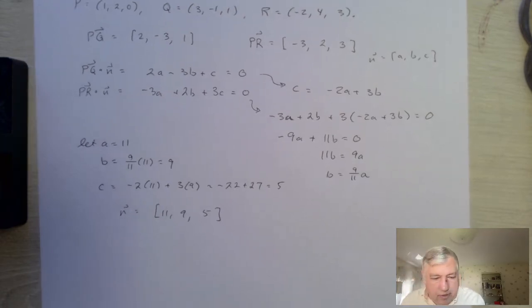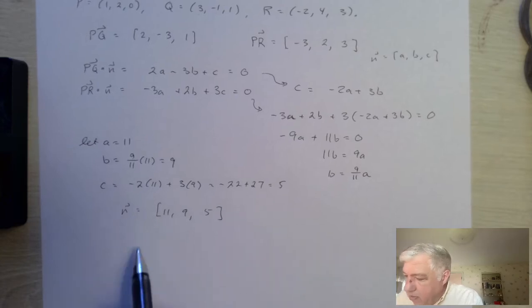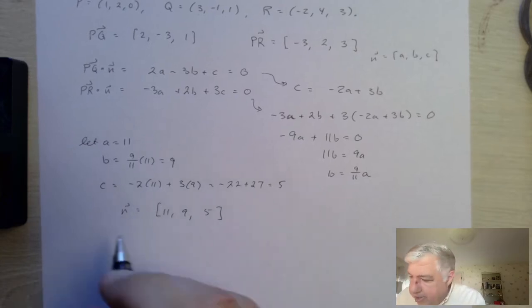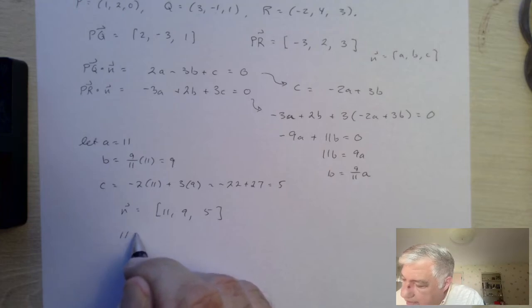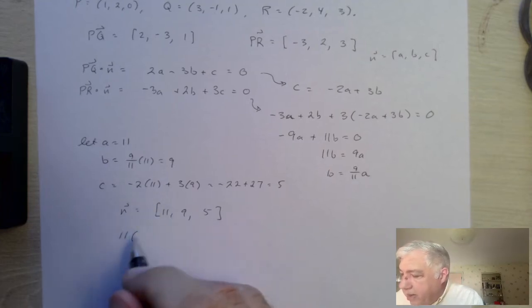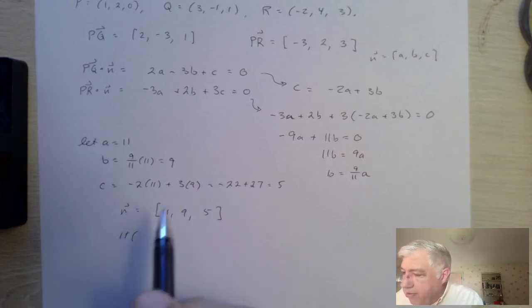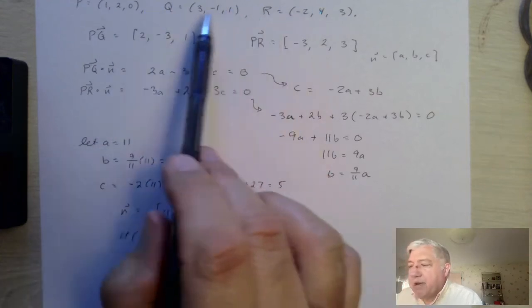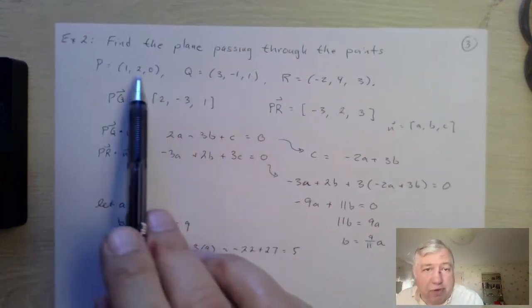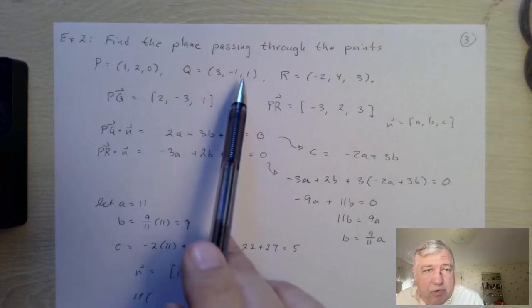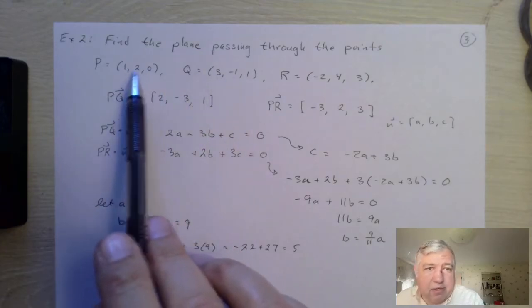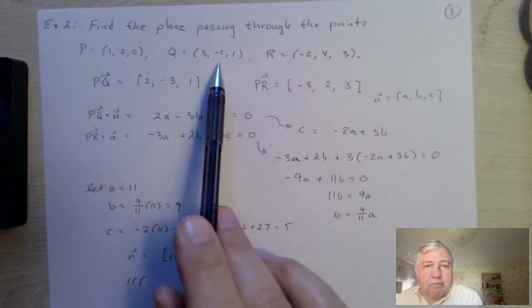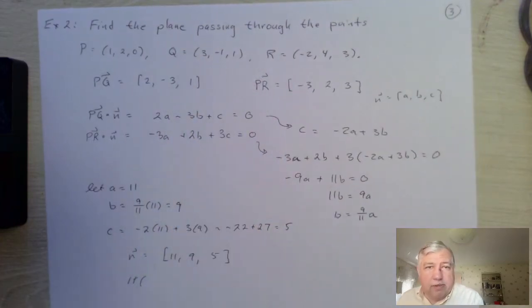All right. So now what's our equation going to be? 11 times, and now we're going to pick a point here. It really doesn't matter which one we choose. I'm going to pick Q, just to make it a little more interesting rather than the 0 here. I'm just going to pick this point 3, negative 1, 1.